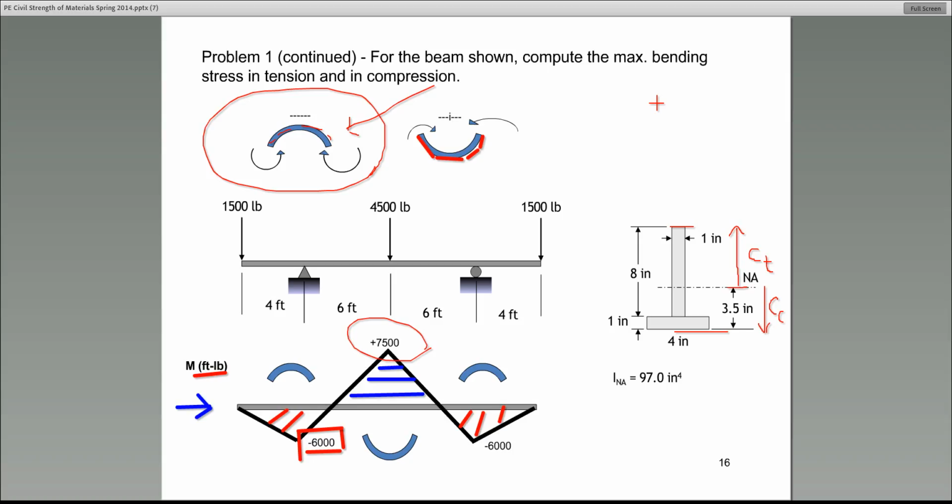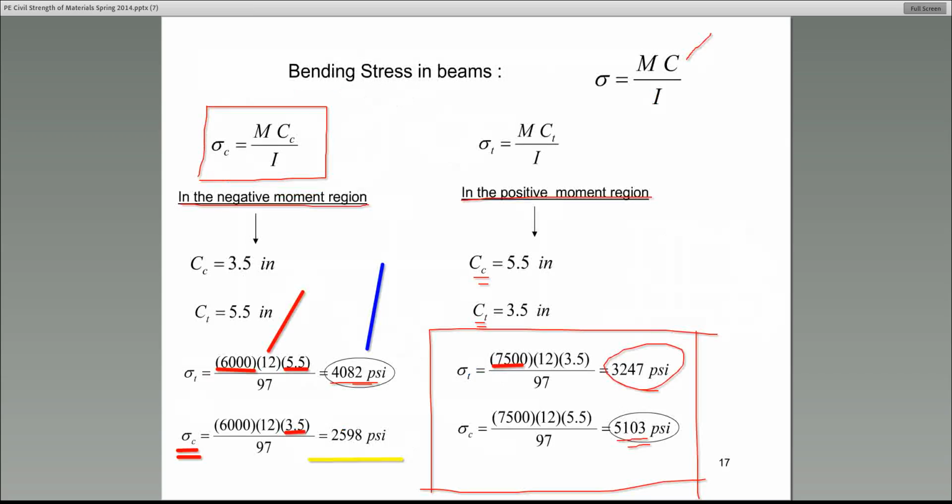However, if you see a moment diagram that's similar to what I'm showing you, in other words, part of the beam is subjected to positive moments, some to negative moments, and in addition the cross-section is non-symmetrical, like this one, then definitely you need to do a double analysis like this.